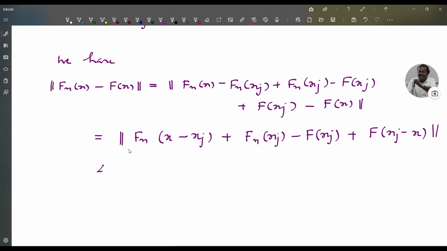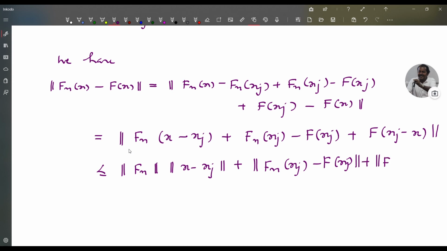So this is less than or equal to norm fn into norm x minus xj plus norm fn(xj) minus f(xj) plus norm f into norm x minus xj.